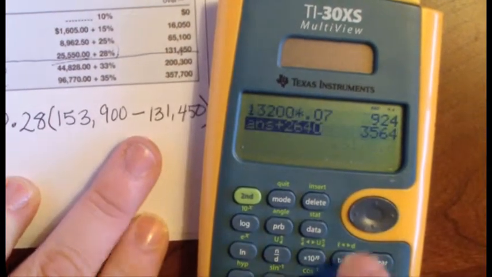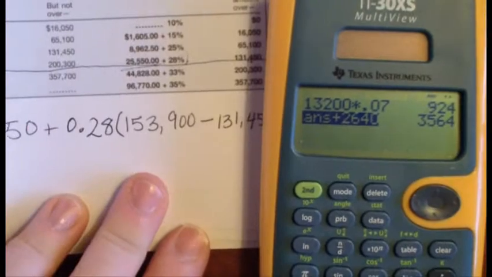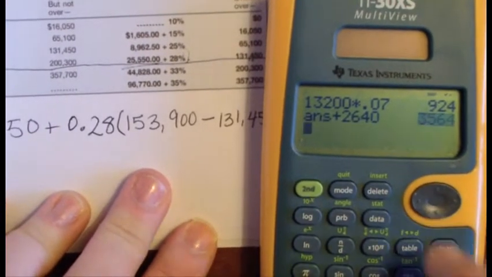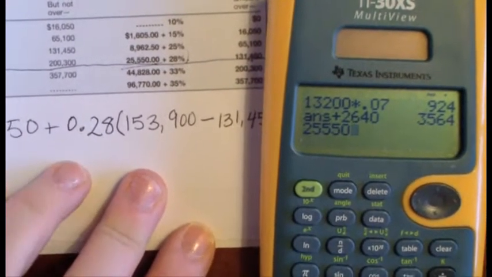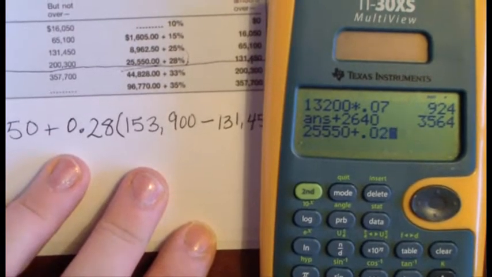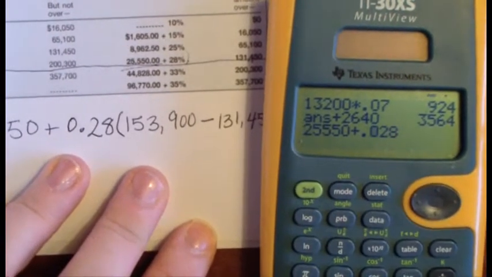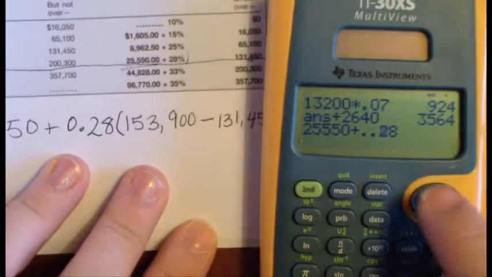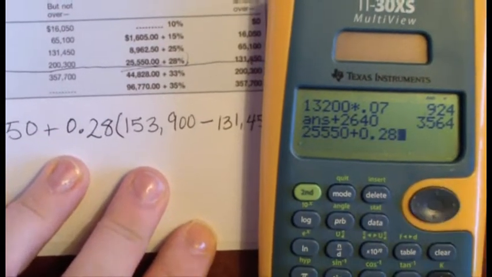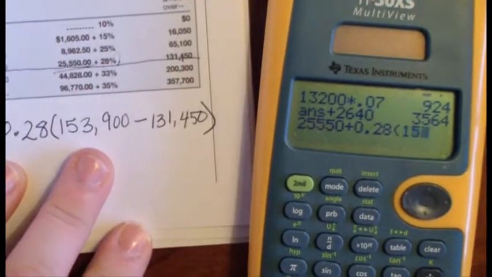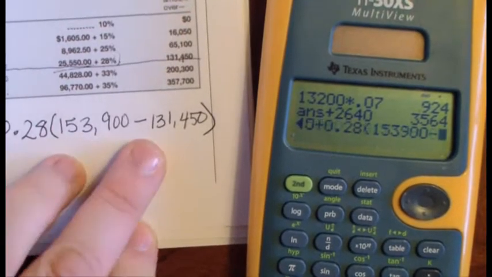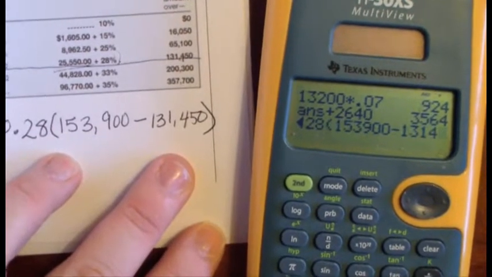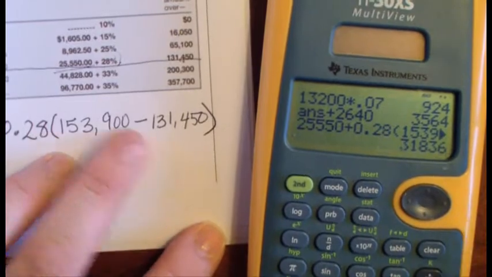All right, let me try it again, because that's something different than what I got before. 25,550 plus 0.28, nope, that might be where I messed up. 153,900 minus 131,450. There you go, that's better.